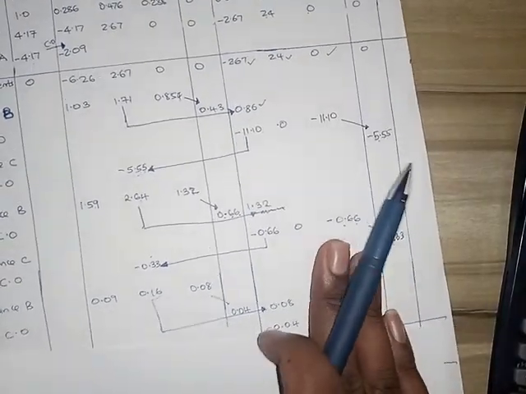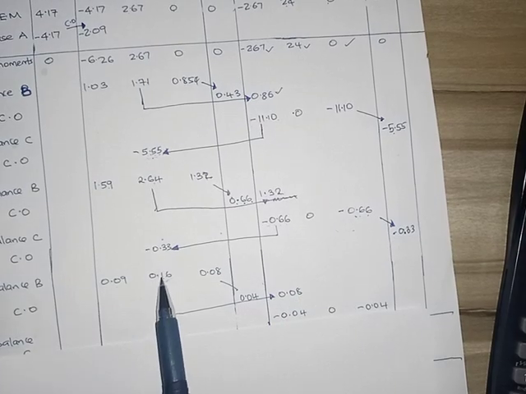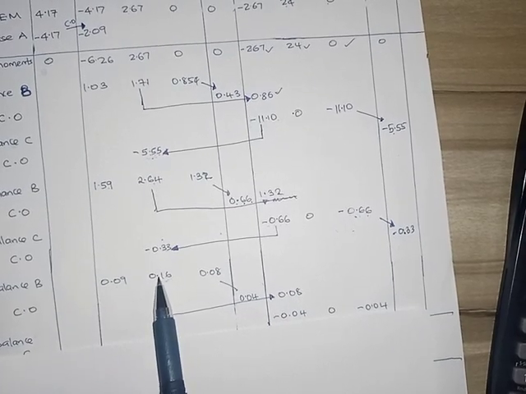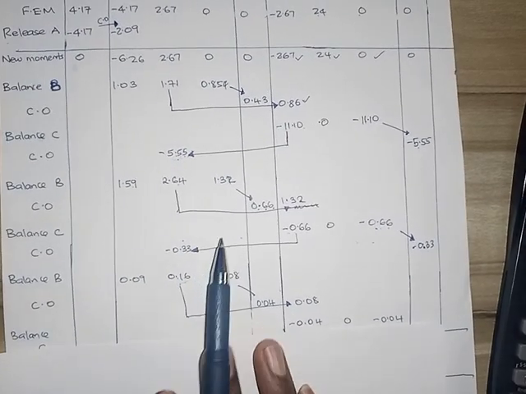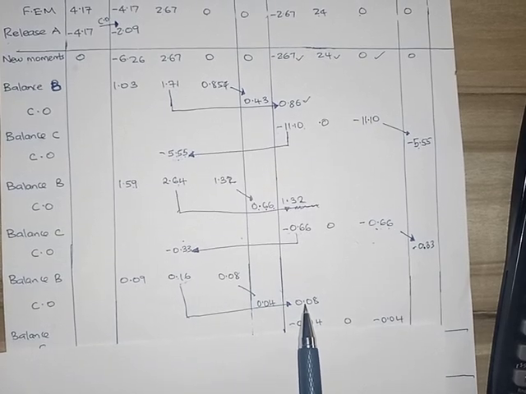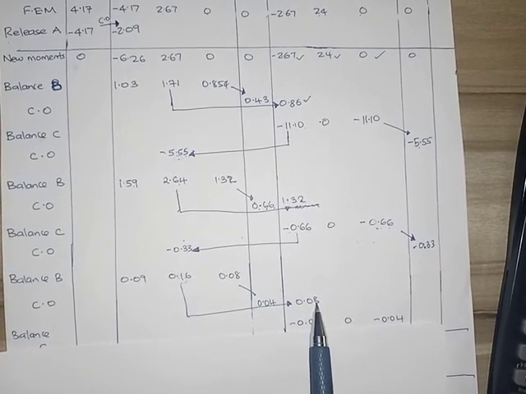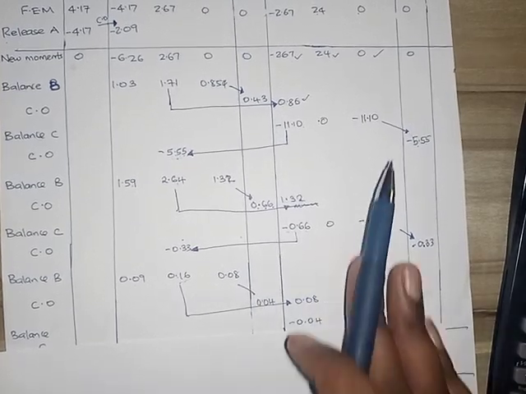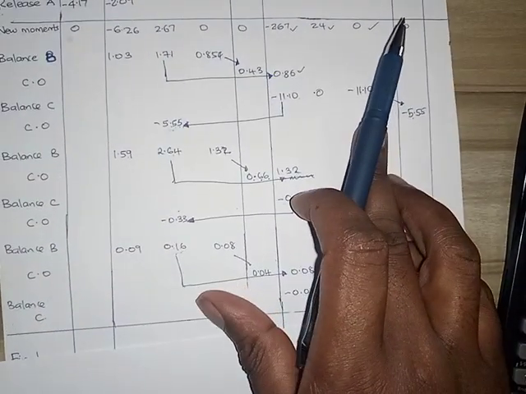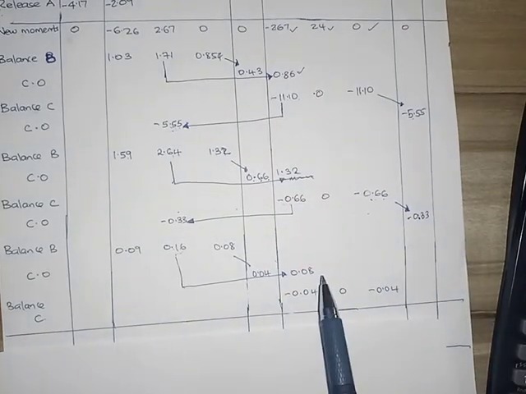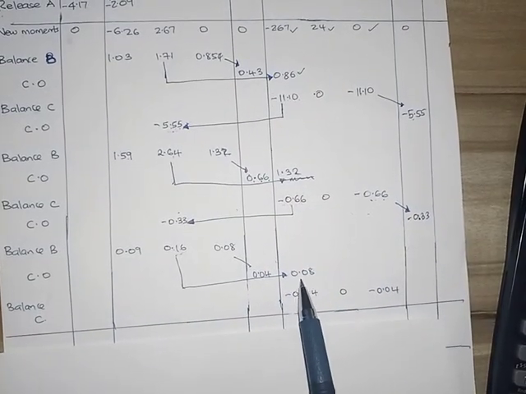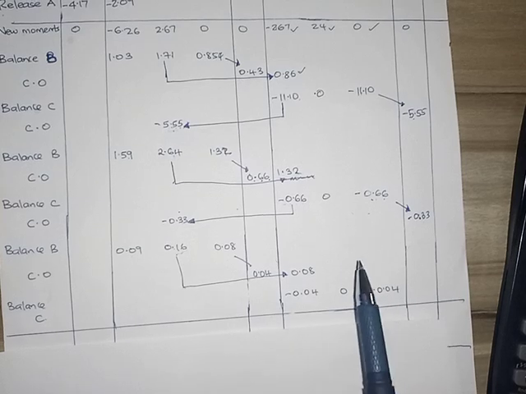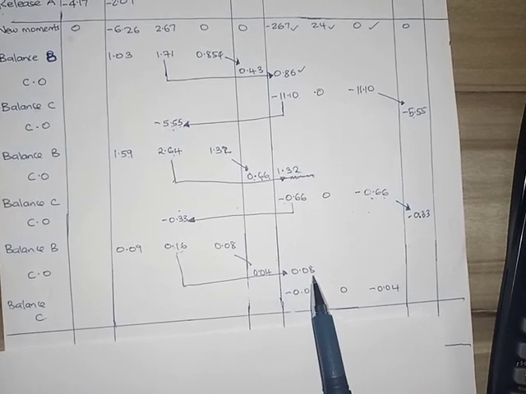Then the next thing you do again is do the carryover. So half of BC goes to CB here as 0.08. Again, half of this comes here as 0.04. So now the last distribution I'm going to do is for C. So this is the out of balance moment. So the balancing moment will be negative 0.08.